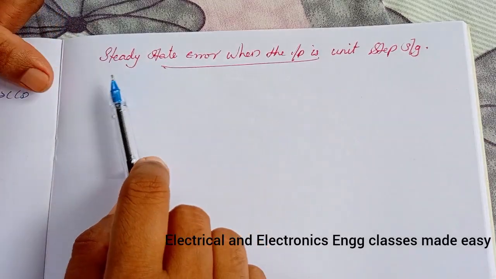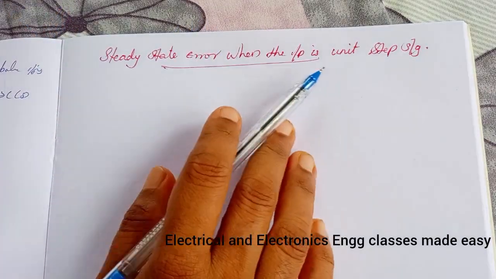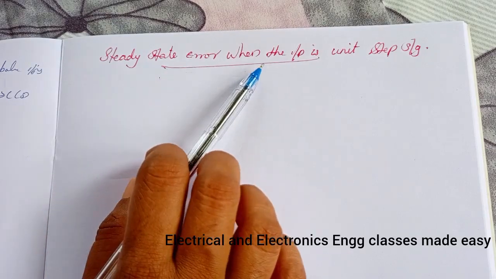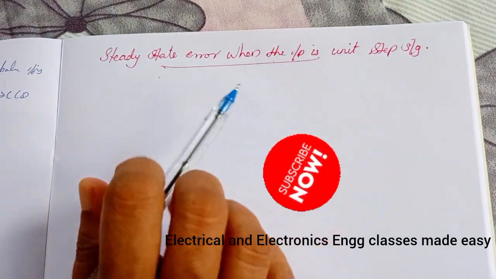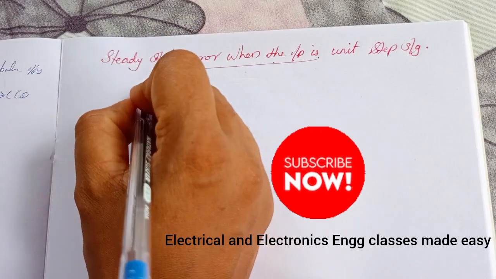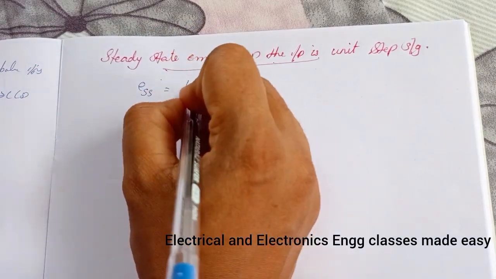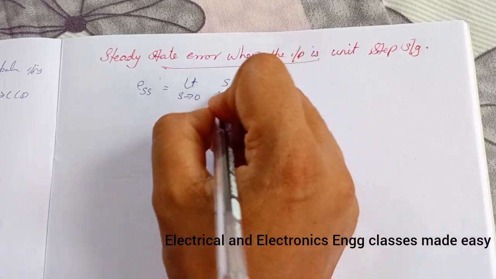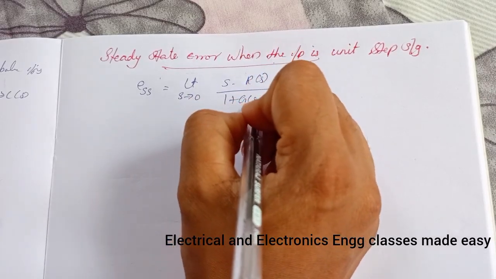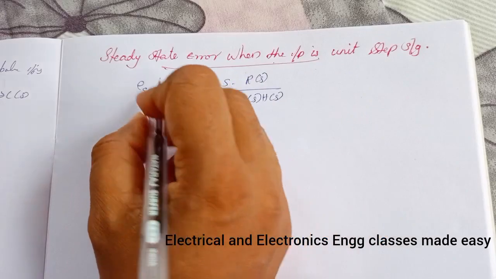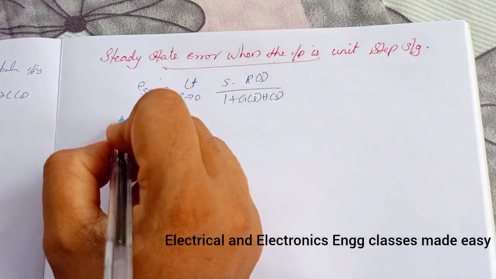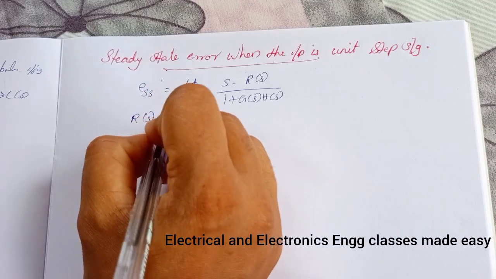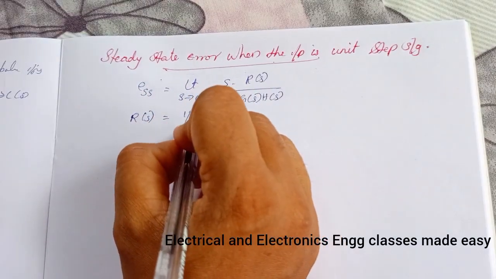So let us find the steady state error when different inputs are applied. First one is steady state error when the input is unit step signal. The steady state error ESS is limit s tends to 0 of s into R(s) divided by 1 plus G(s)H(s). Here when the input signal is unit step, R(s) is equal to 1 by s.